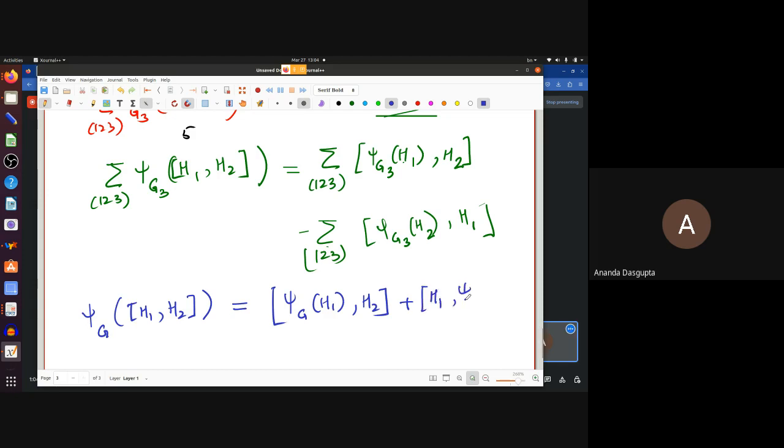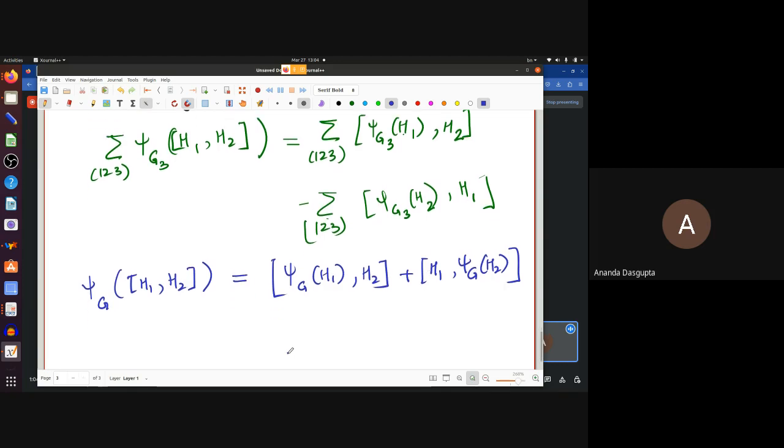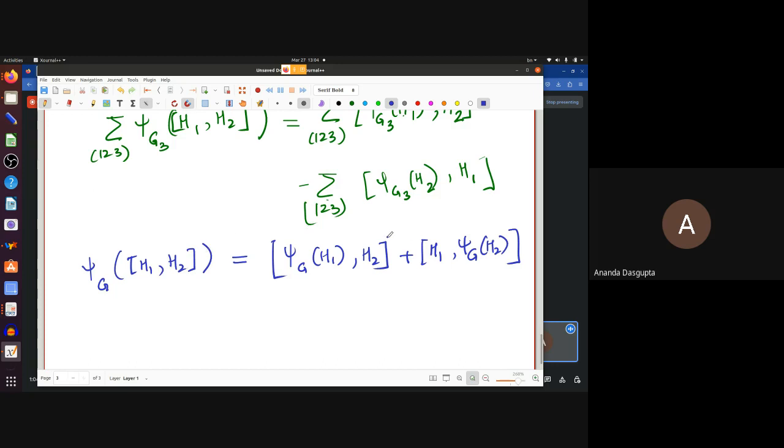The bracket of H1 with psi G H2, right? It's just this, except that I've just written one of the terms because the other 2 terms I've been able to make 0 by choosing 0 for the elements. And I've just rewritten the second term here, replacing the minus with a plus by rearranging. But can you realize what I've done here? Why have I written it like this?